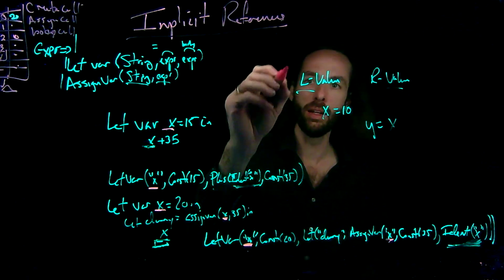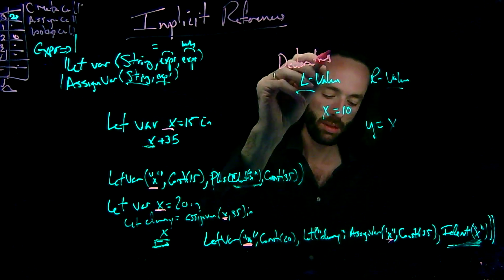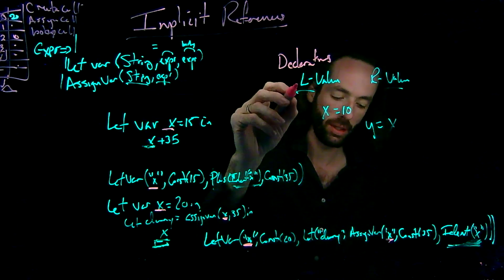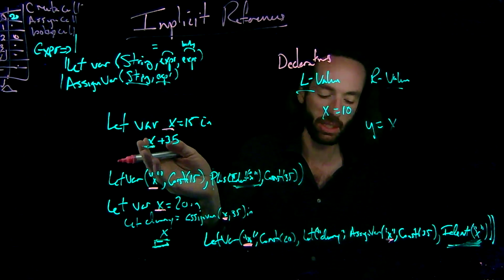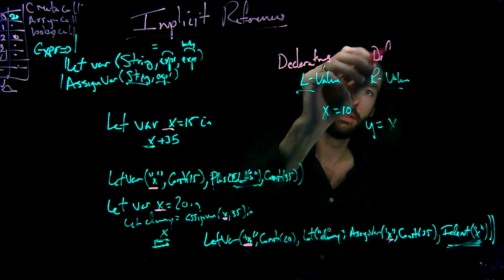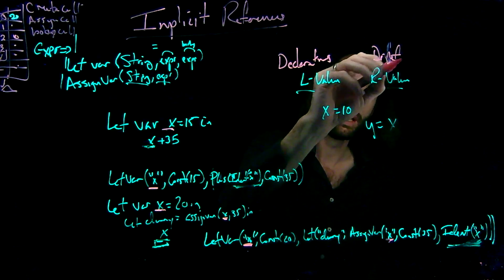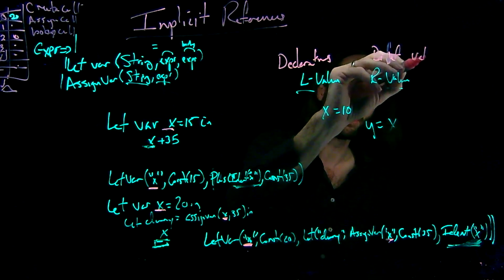So in general, we have these are declarations, and they're the locations to be assigned to, really, right? And then this is really sort of a deref, automatic deref form.